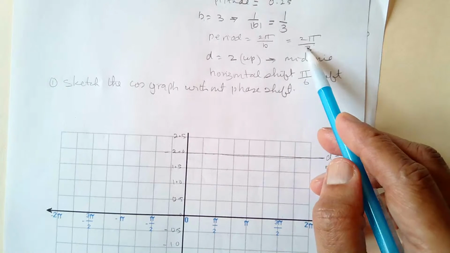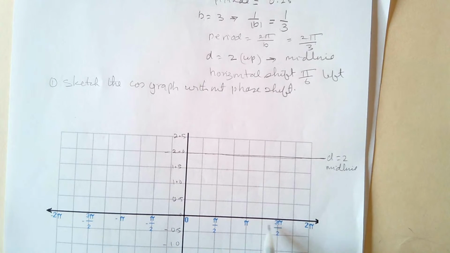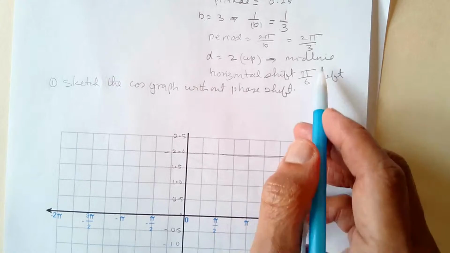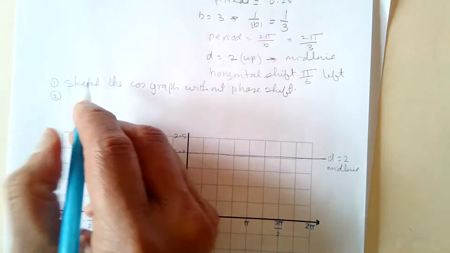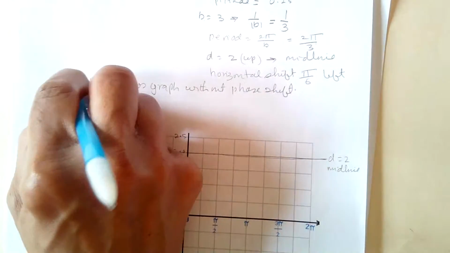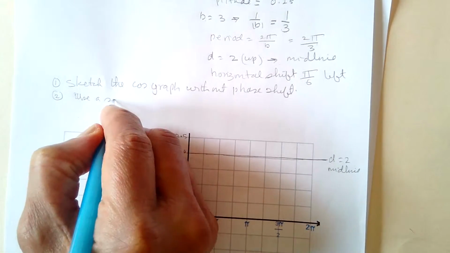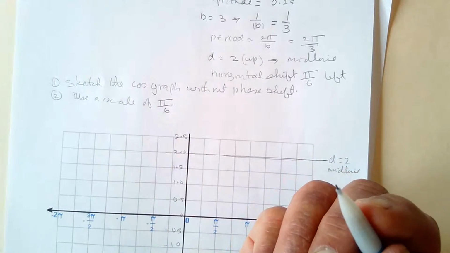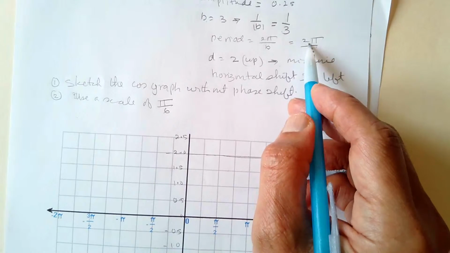Now the period is 2 pi over 3. So instead of dividing up my grid into these, I'm going to divide it up into pi over 6, because it's going to shift by pi over 6. That's a good hint. So the next step is to use a scale of pi over 6, because by doing that you have a neat graph, since this becomes 4 pi over 6.